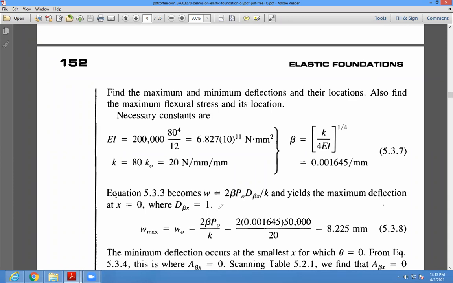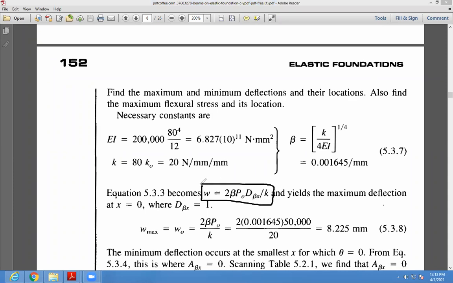At x equal to 0, W is equal to 2 beta P naught D beta x by K, and D beta x equal to 1.